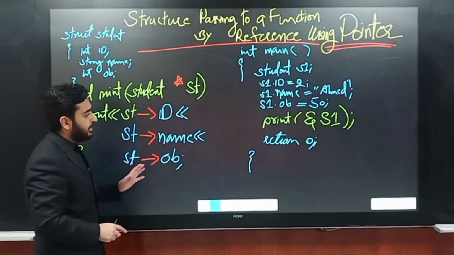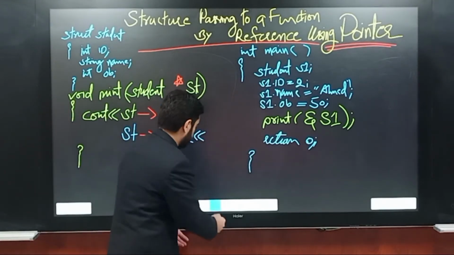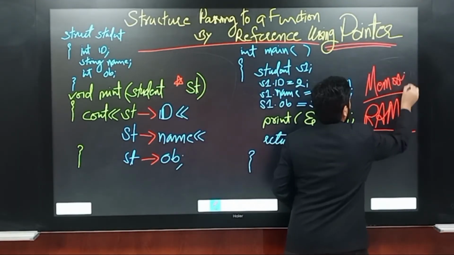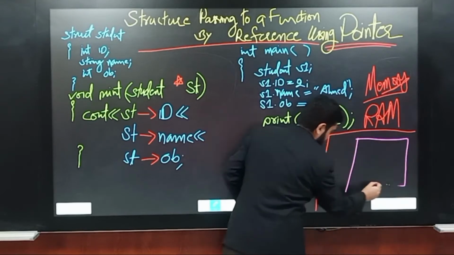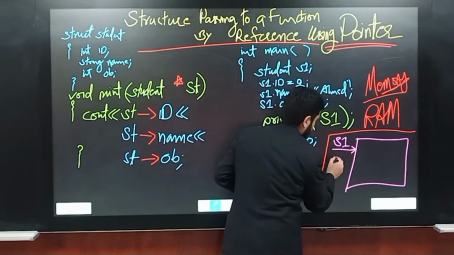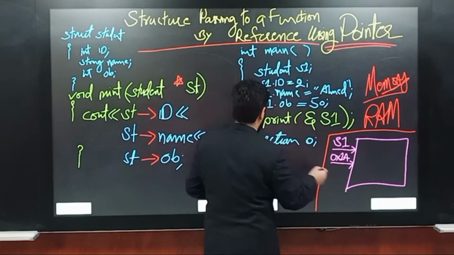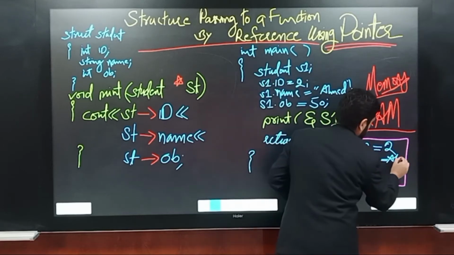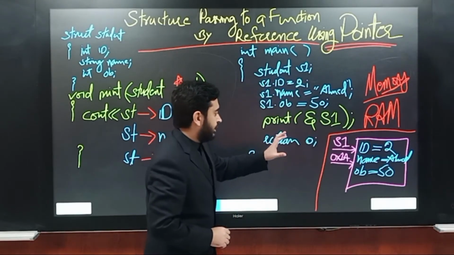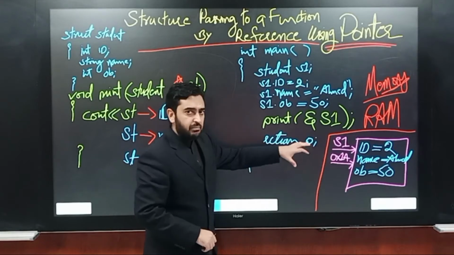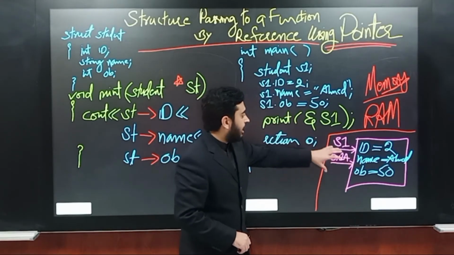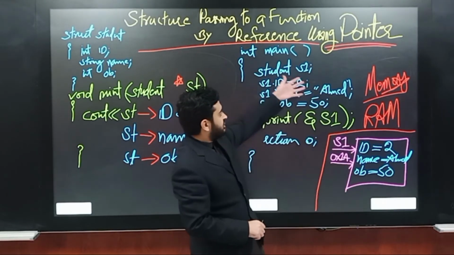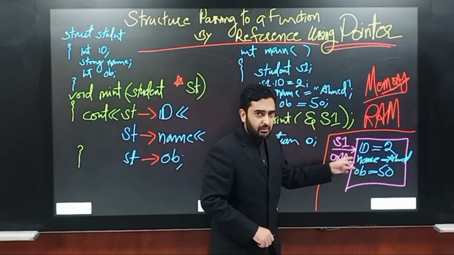So let's see how we can visualize this concept in the memory. Here you can see that in memory the processor will create an object s1 with the data members ID, name and OB, and then initialize these values to the data members.